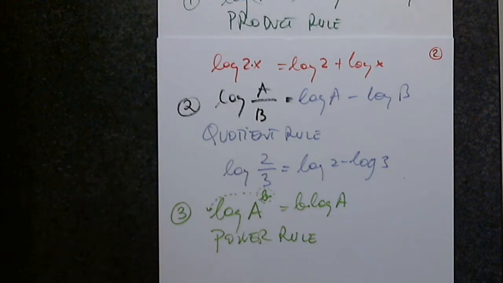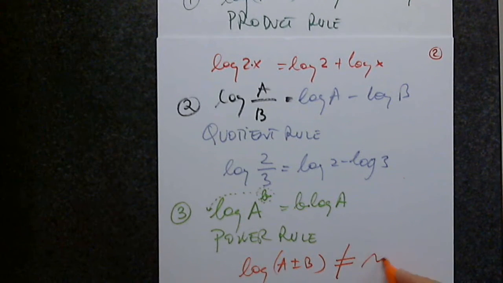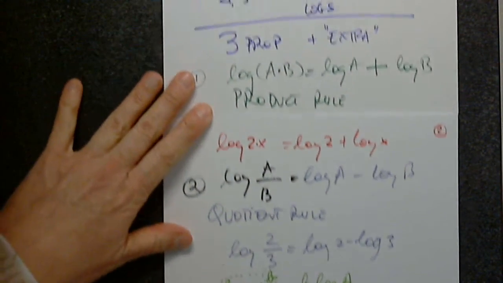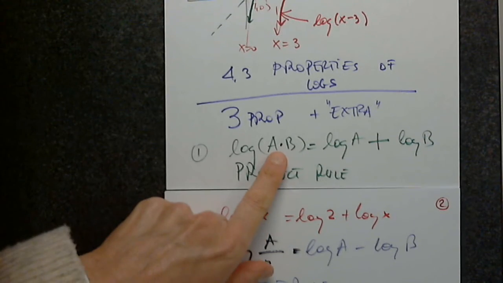Now, let me just show one thing. Log of A plus or minus log of B does not equal anything. You cannot simplify log of 2 plus x into anything. You can simplify or apply a property if it's a product.